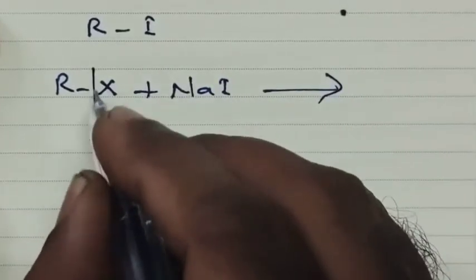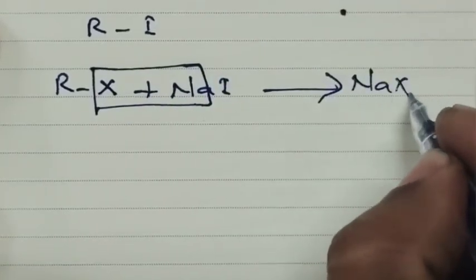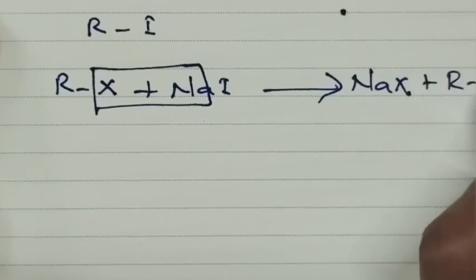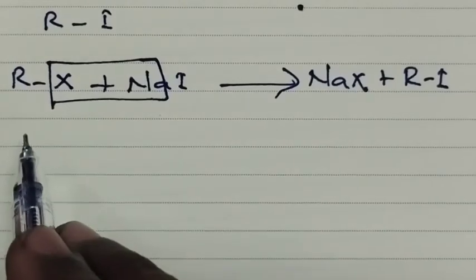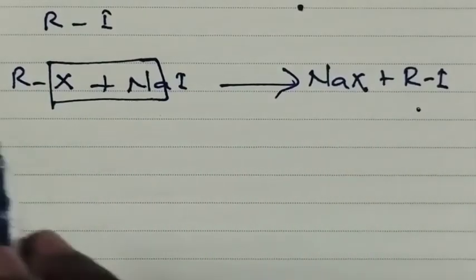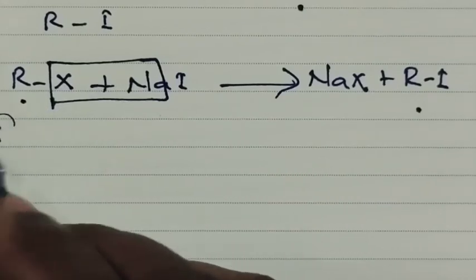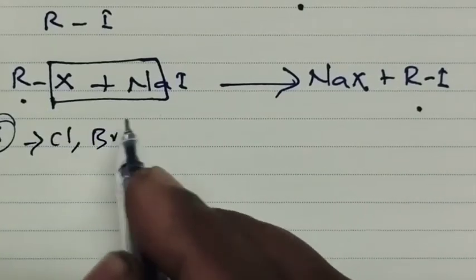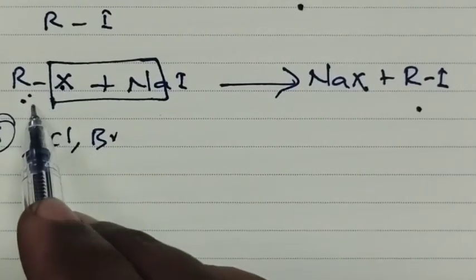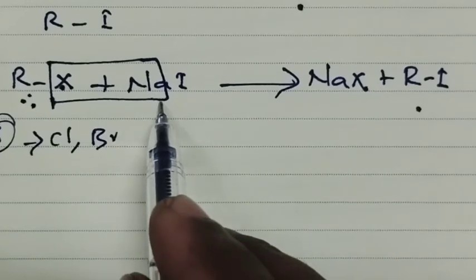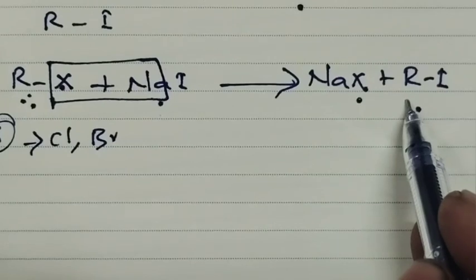One sodium halide will go as NaX, and the remaining we are getting is alkyl iodide. But how are we getting alkyl iodide? We are taking alkyl halide. Here the halide X may be either chlorine or bromine. Either alkyl chloride or alkyl bromide is treated with sodium iodide. We are getting sodium halide and alkyl iodide.